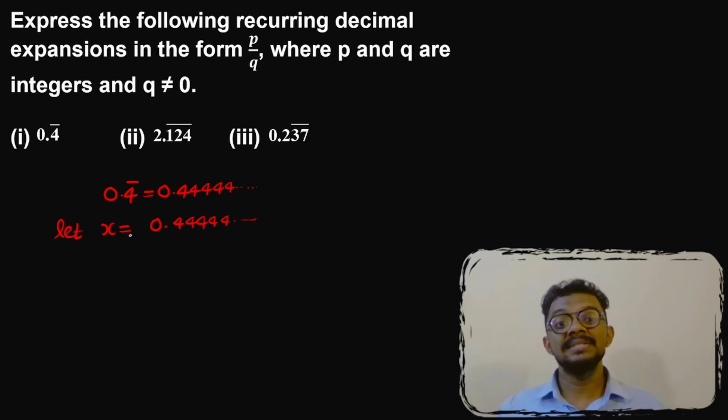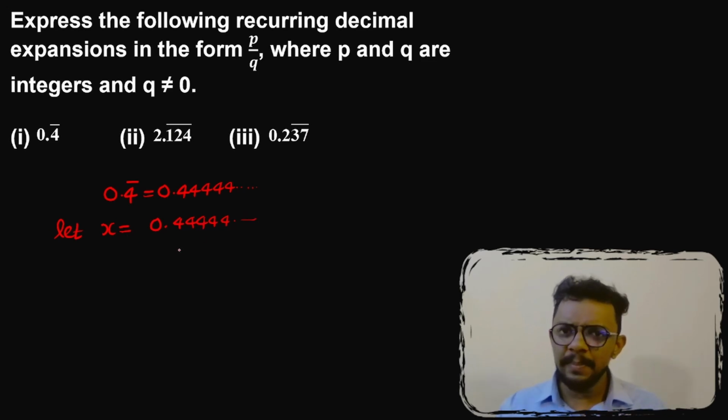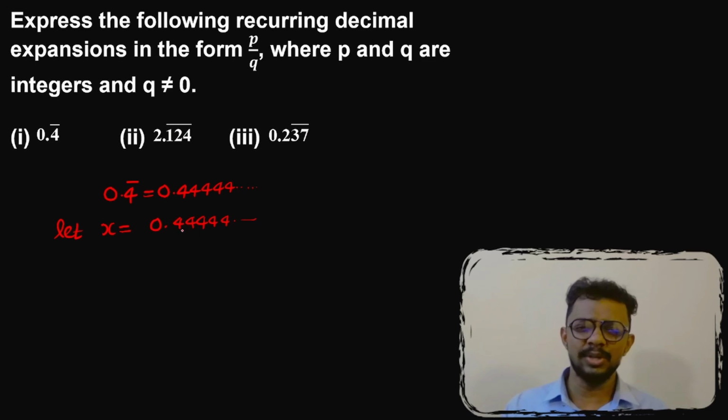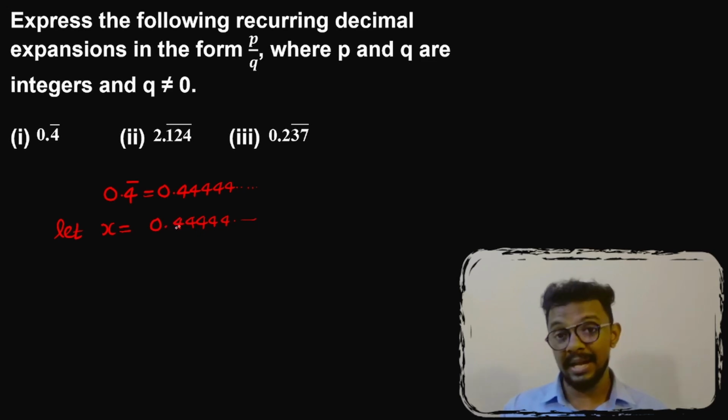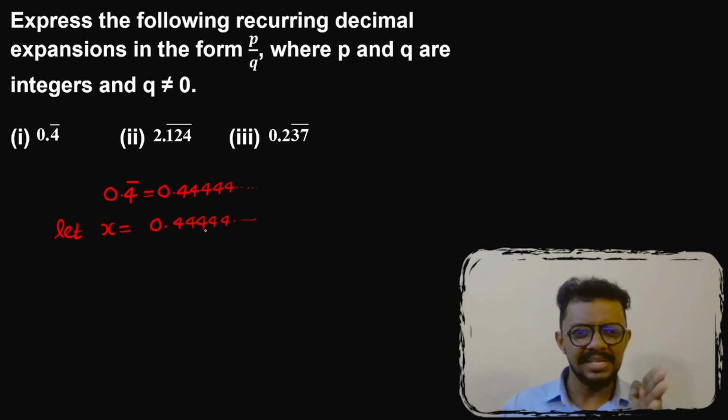The next step is to make sure the decimal is just before the repeating digit, or make sure this x is in pure recurring form. This is already in pure recurring form, because after the decimal 4 is there and 4 is repeating again and again. So that step is skipped in this question.